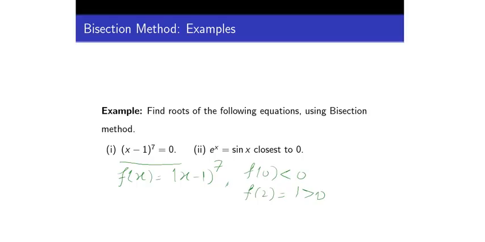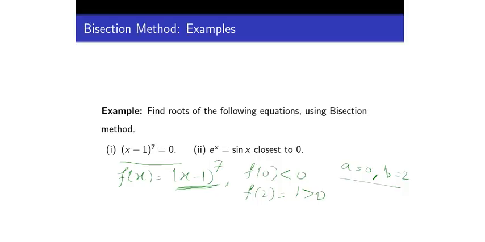This function f of x is a polynomial of degree 7, so it is a very nice, continuous function, and you have found a equals 0 and b equals 2, where you can apply Bolzano's theorem. Bolzano's theorem tells us there must be a root between them.